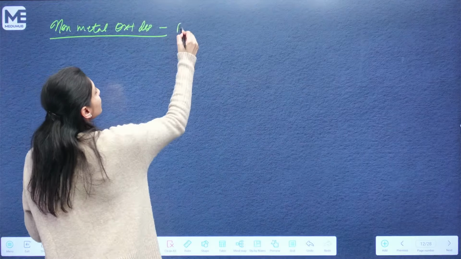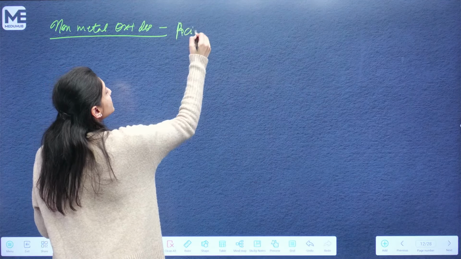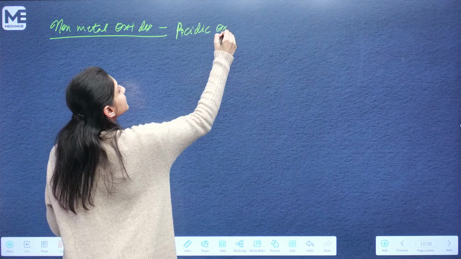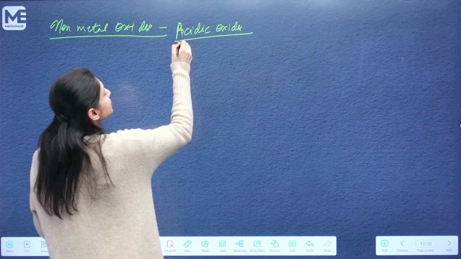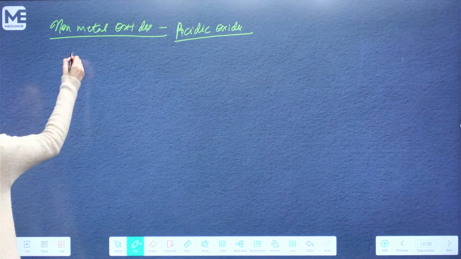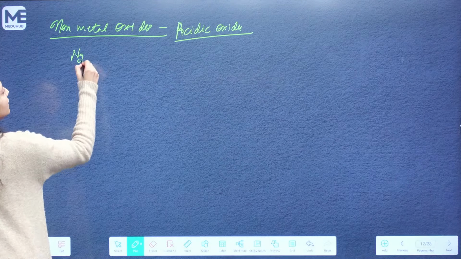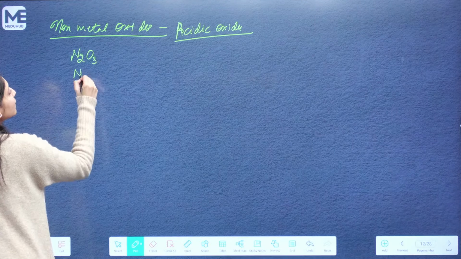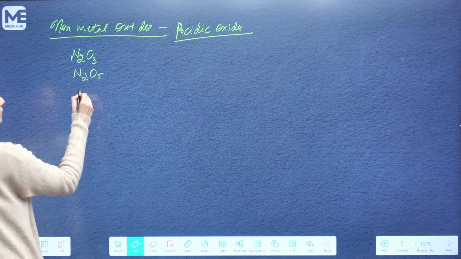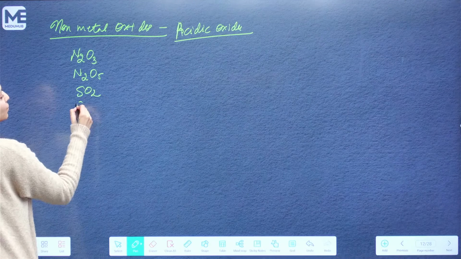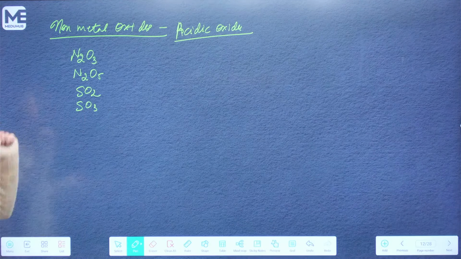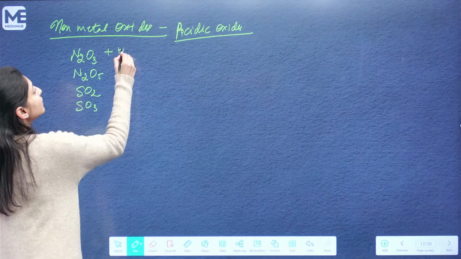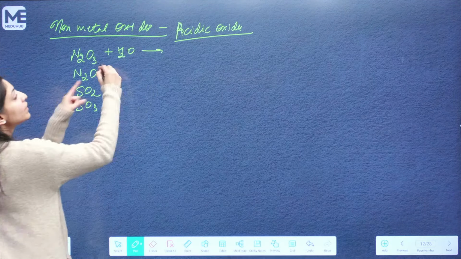Non-metal oxides or acidic oxides. Non-metal oxides like N2O3, N2O5, SO2, SO3 and so on, all of them react with water to give us an acid.